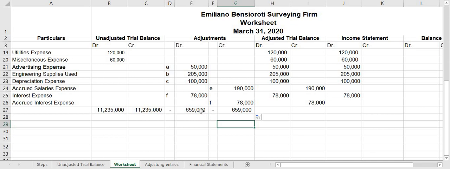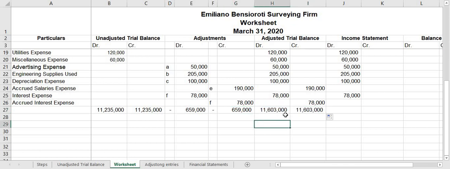Debit for the adjustment is 659,000 and credit also for the adjustment is 659,000. Now, let's check if the debit and the credit of the adjusted trial balance are equal. Yes, they are equal.